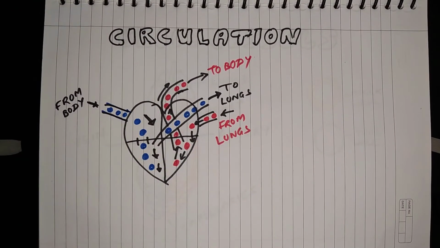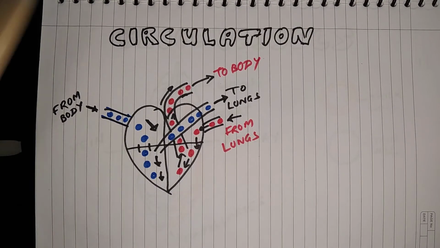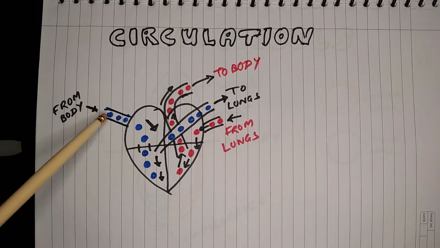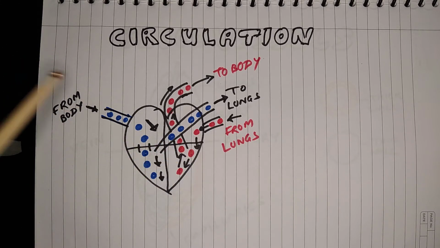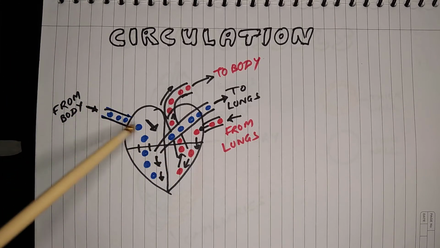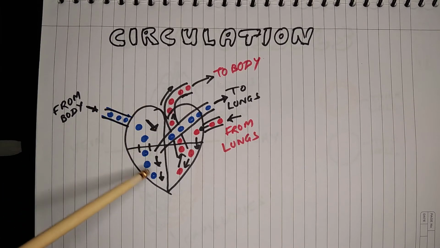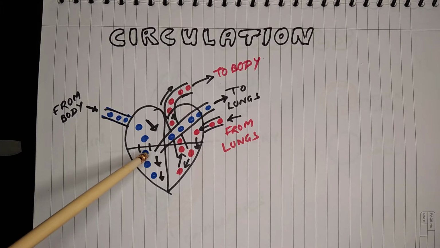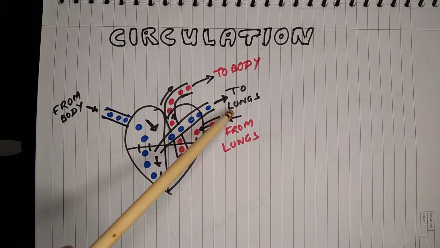This figure shows the circulation of blood through the heart. So what happens? The blue color is showing deoxygenated blood. The deoxygenated blood from the body comes to the right auricle. From here it goes to the right ventricle, and from right ventricle the blood goes to the lungs.